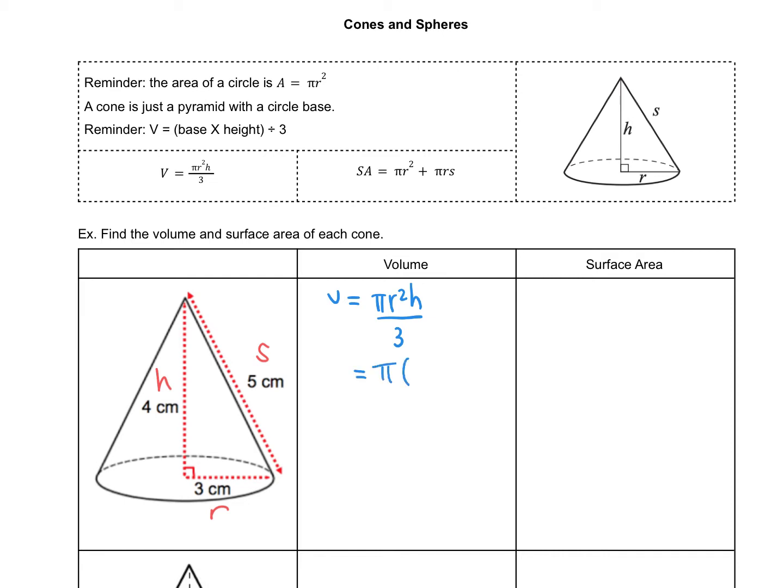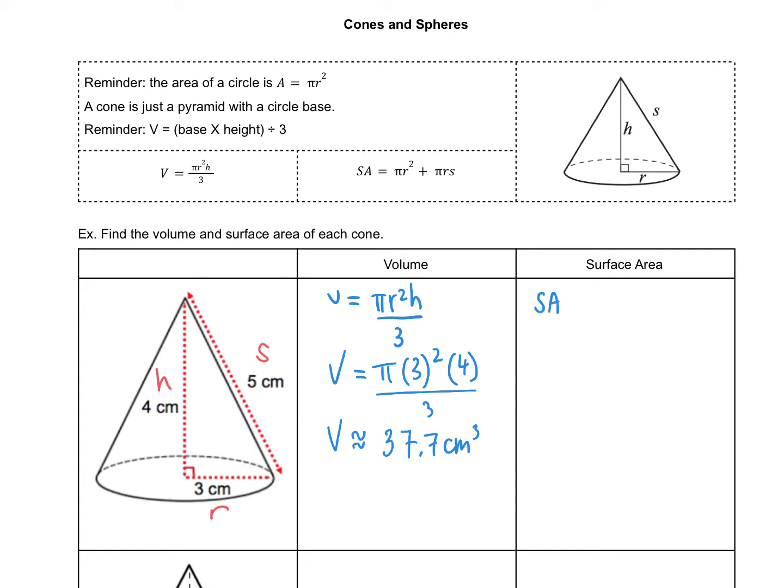So pi, radius is 3, so 3 squared, height is 4, all divided by 3. And then we can go to our calculator and plug this in. And we're going to round to 1 decimal, and we get approximately 37.7 centimeters cubed. And there we are for the volume.